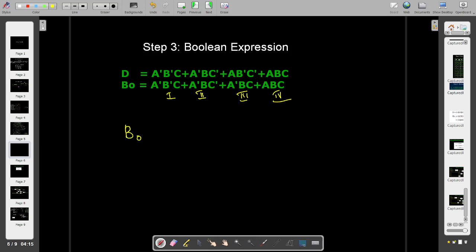So for this B naught, you go with this A dash, and then which is common? C is common here.